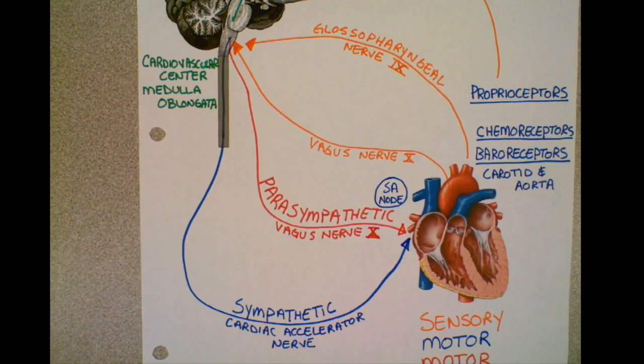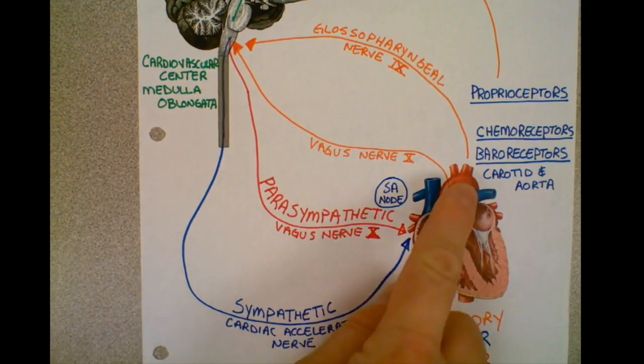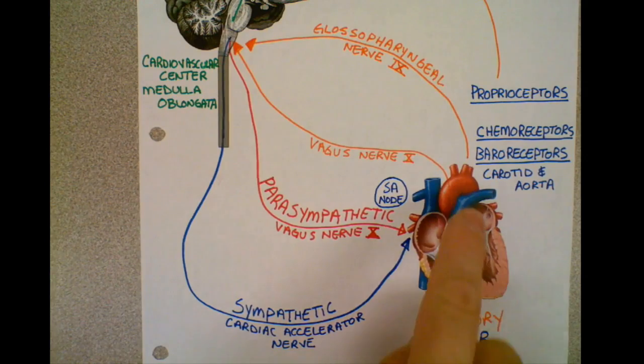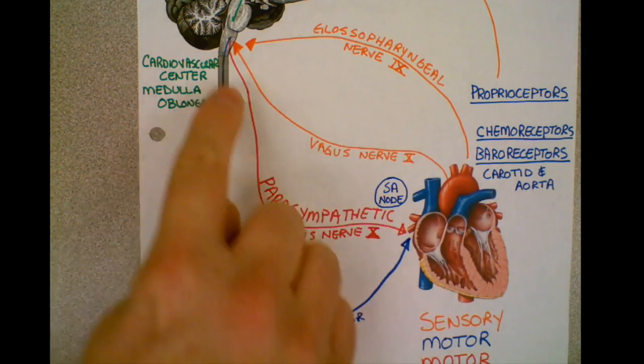So it turns out that the carotid arteries send signals via the glossopharyngeal nerve, and the aorta sends it via the vagus nerve.